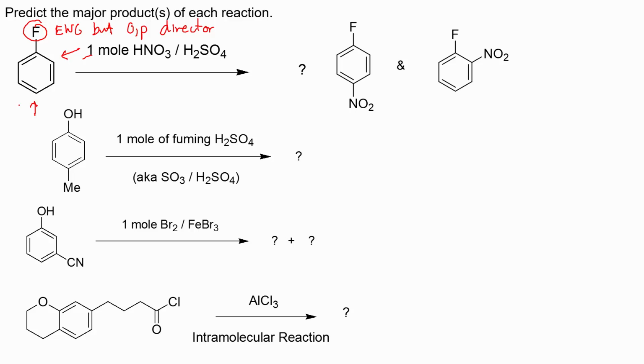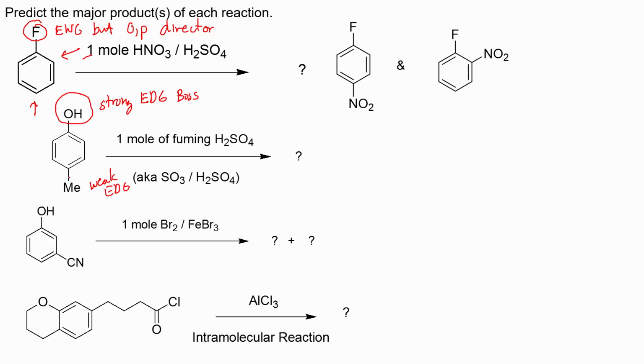Okay, in this next one, this is a strongly electron donating group, and this is a weakly electron donating group. So this is going to be our boss or controlling group. So we're going to want to add ortho or para to this group right here.